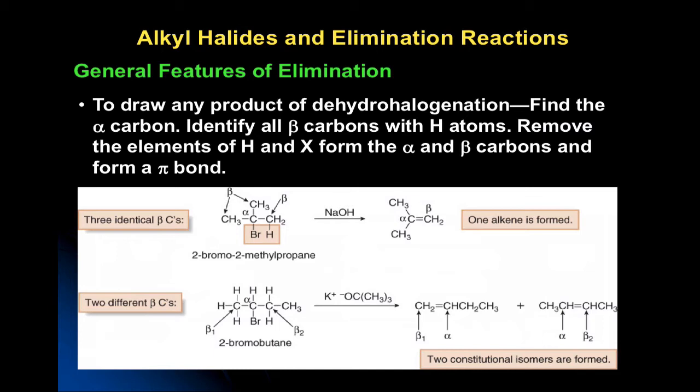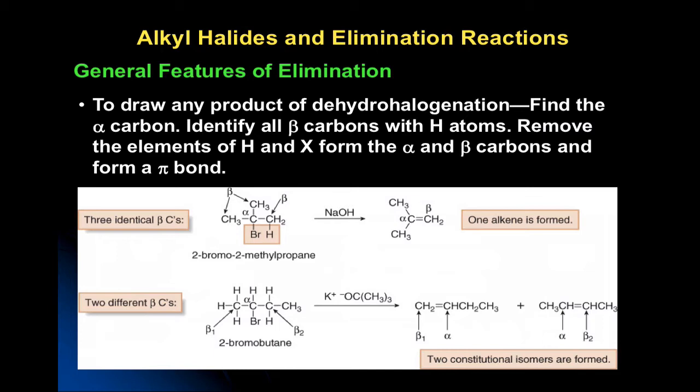It doesn't matter which methyl group loses the hydrogen, you're going to get the same alkene. You form water as a byproduct, because the OH reacts with the hydrogen, and you form sodium bromide, which falls out of solution. Another thing that drives this reaction to completion is that the alkene is a gas. This is a liquid, this is a gas, and so it removes itself from the reaction by bubbling out of the reaction mixture, and it can't go back. Only one alkene is formed.